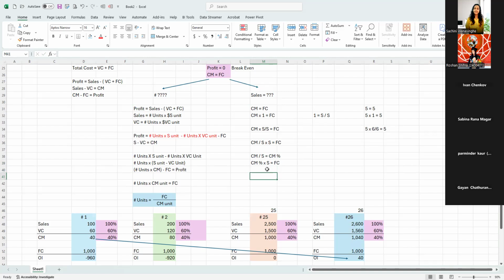Now the question is, can I express sales now? How much will be sales from this formula?